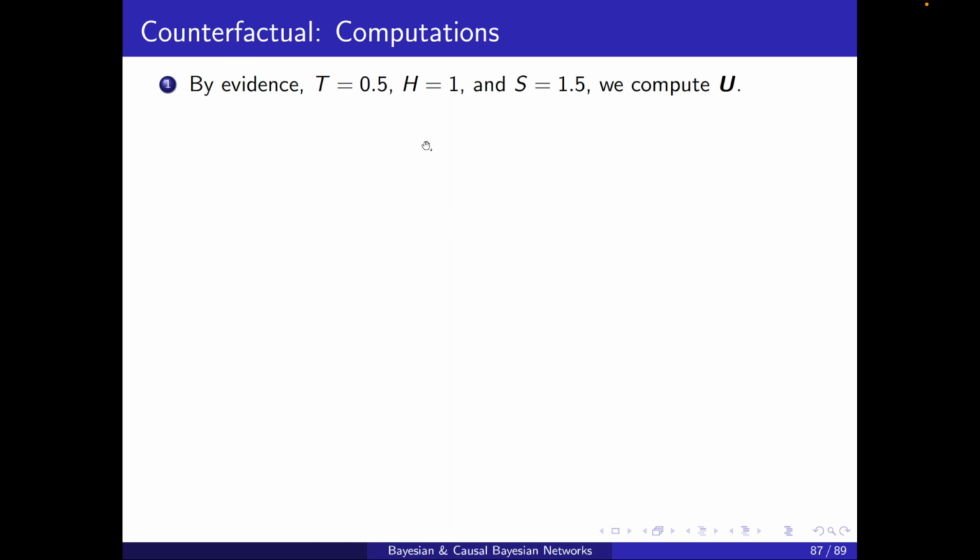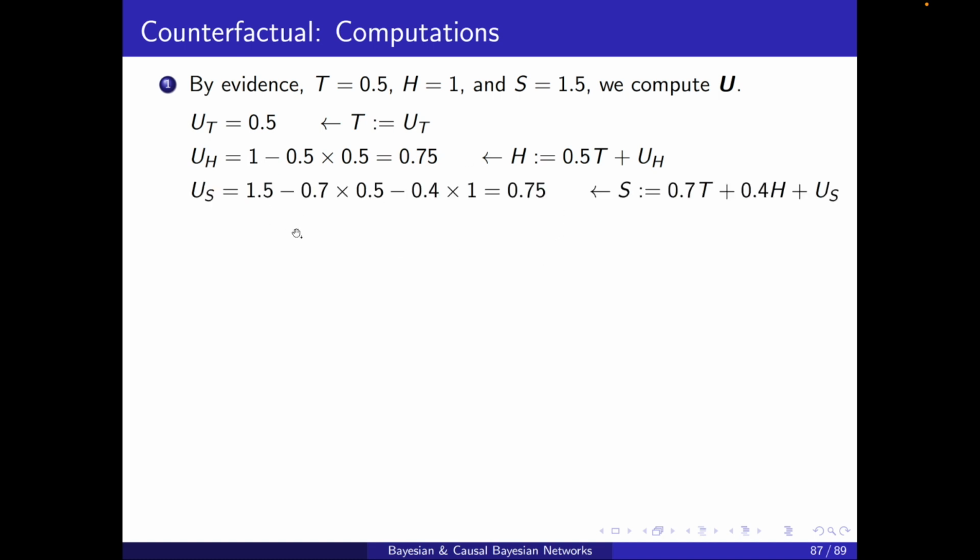Let's see if we can answer this. We have the evidence. We need to compute U. How? From the equation T equal to UT, we just get that UT is half. From the second one, H equal to this, I plug in the value of T and the value of H, so I can get U of H. And similarly, I can get the U of S here.